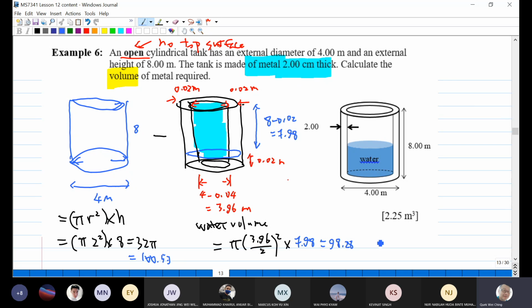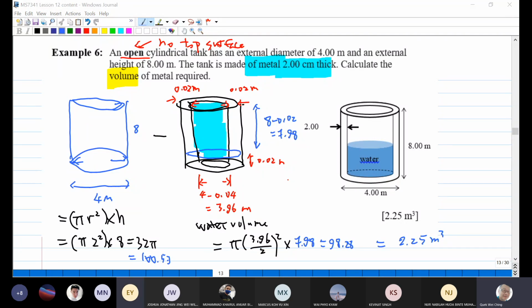Now you subtract them: 100.53 minus 98.28, you get 2.25 meter cube now. So this is how we find the volume of the metal required. You just minus the water volume from the tank volume, and then you get the metal required. This is example 6 here.